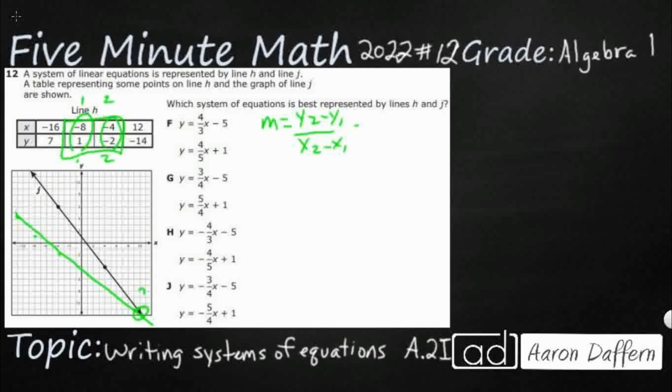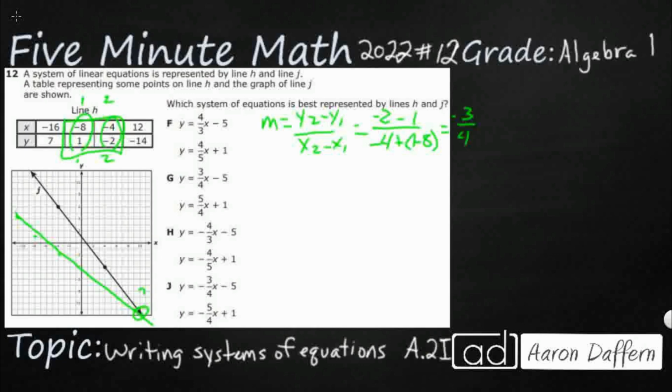So y2 is -2 minus 1, and x2 is -4 minus the -8, which is x1. We're going to get -3. That's going to be a positive 8, so -4 plus 8 is just going to be positive 4. So -3/4.